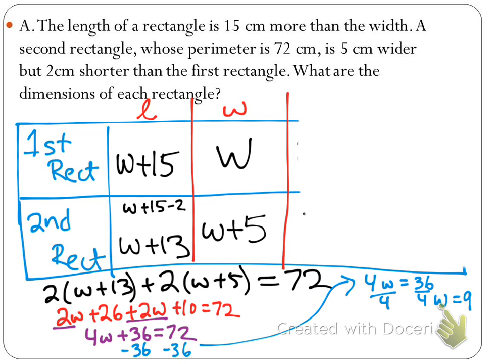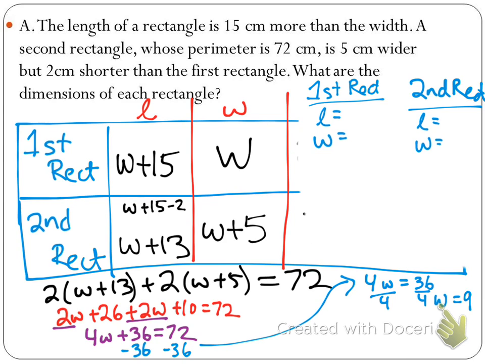Okay, so W is 9. We have the first rectangle. We're looking for the length and the width. And we have the second rectangle, and we're looking for the length and the width.